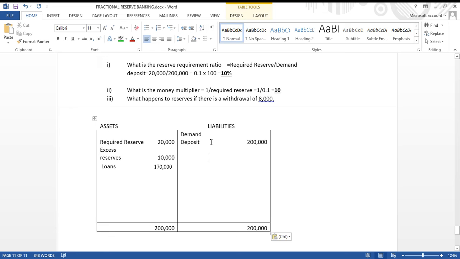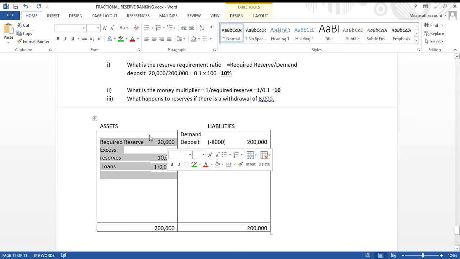So the withdrawal is 8,000. Our demand deposits, we're going to decrease them by 8,000. Out of this 8,000, we have to see how much will come out from the excess reserves and how much will come out from the required reserves, right? Because these assets here, all right, they're used to take care of these liabilities.